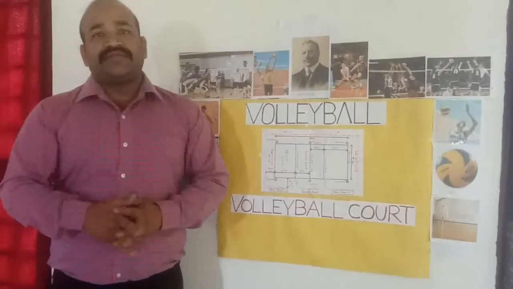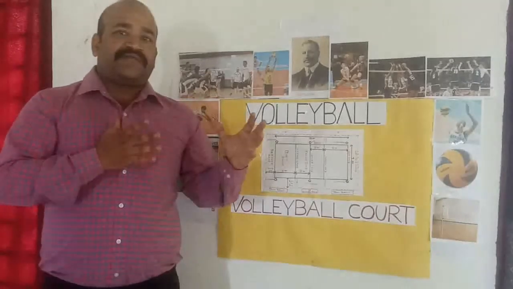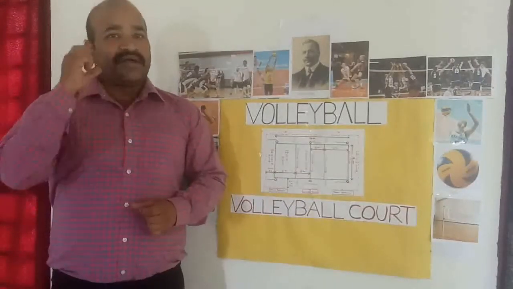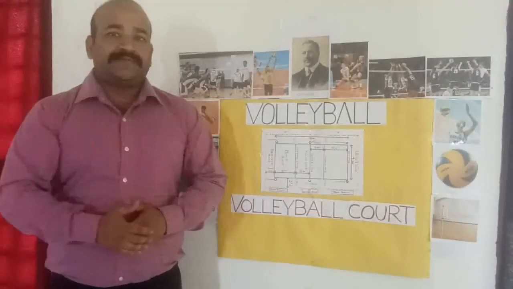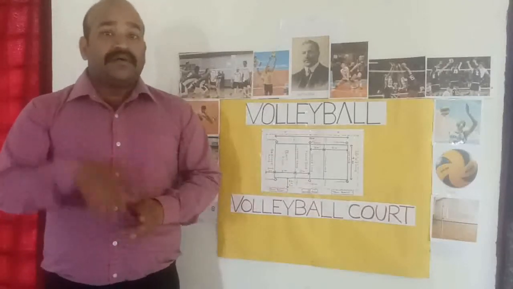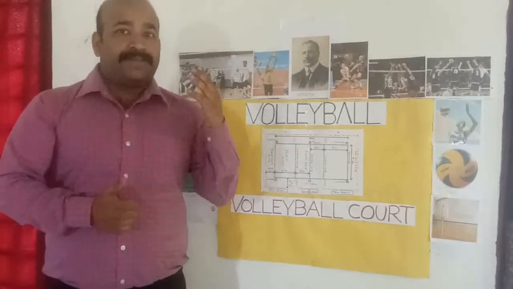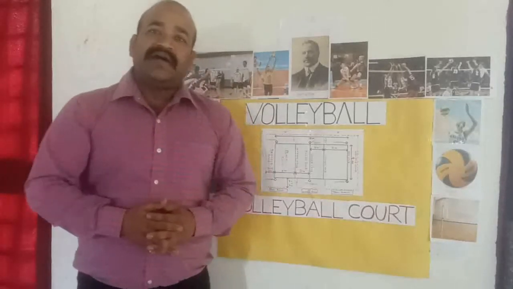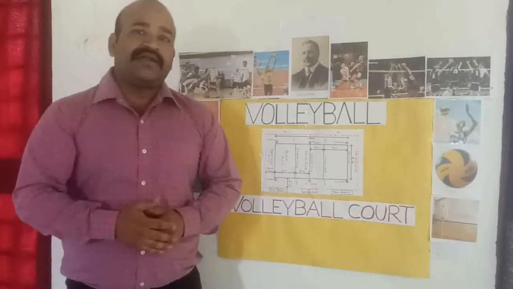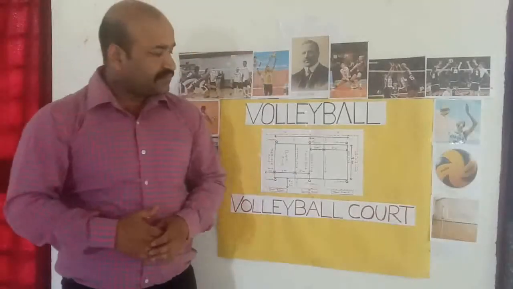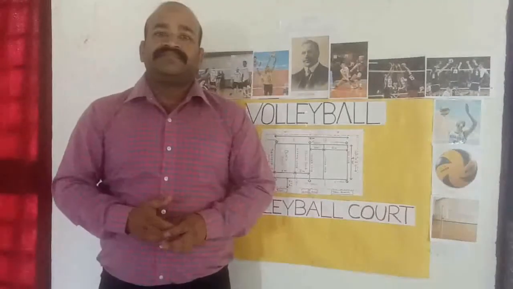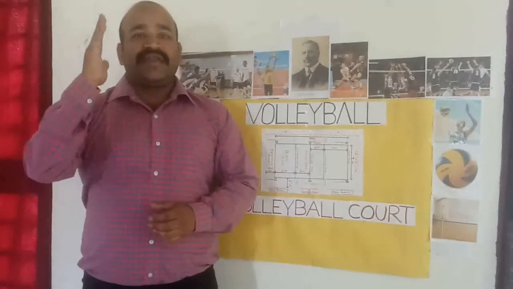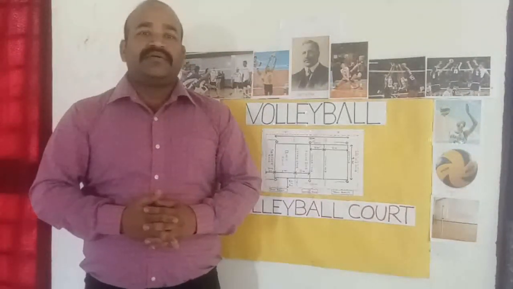Number 9: back row players blocking or deflecting a ball coming from the opponents. When at the moment of contact the back row player is near the net and has part of his or her body above the top of the net, it is an illegal block.